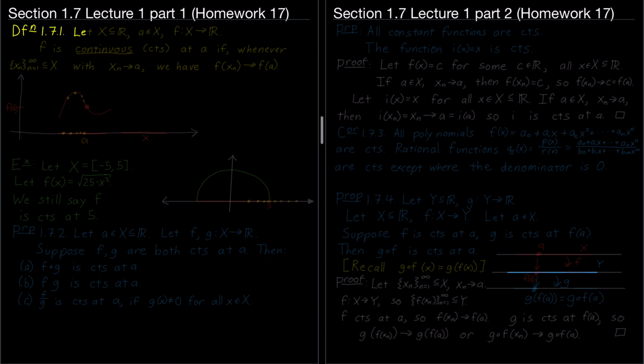So let's let X be a subset of the real numbers. So this is the set where your function is defined. We're going to let a be a point in X, and f is a function whose domain is X and whose range is the real numbers.